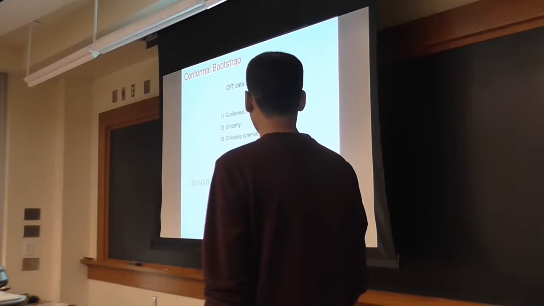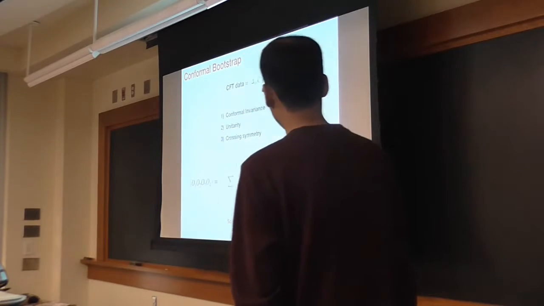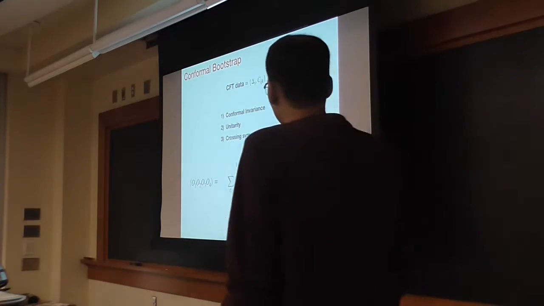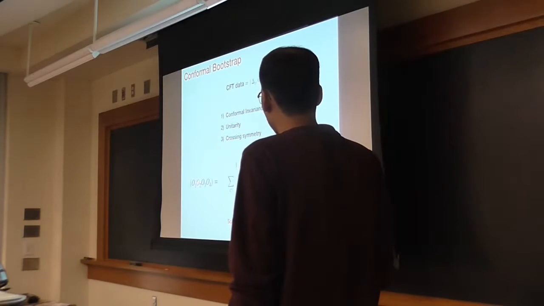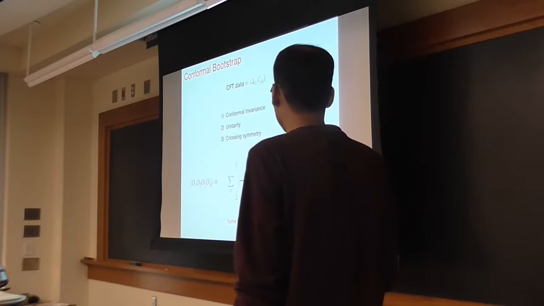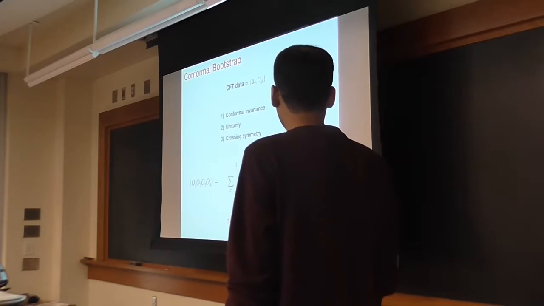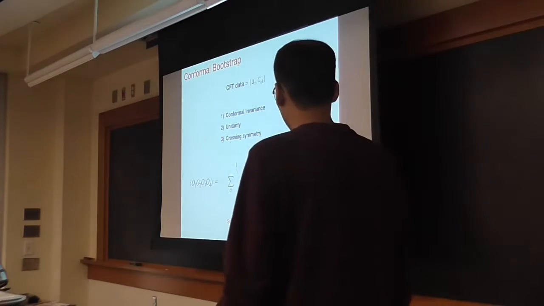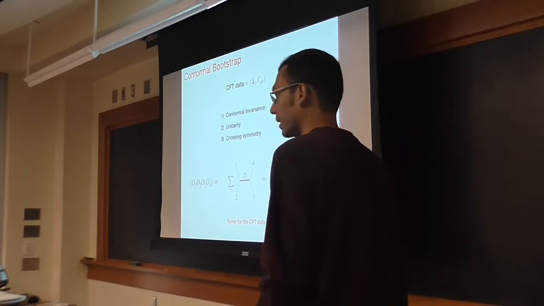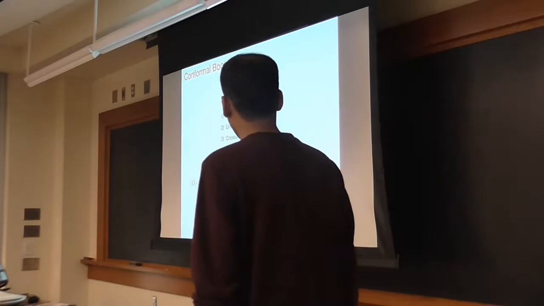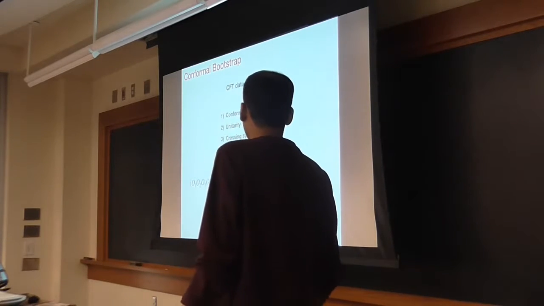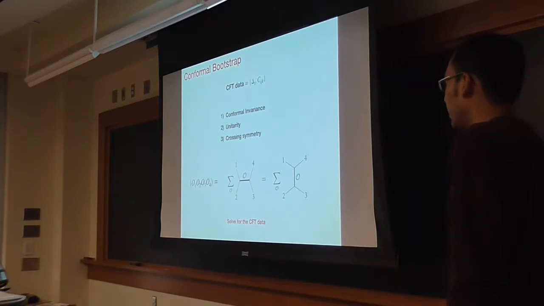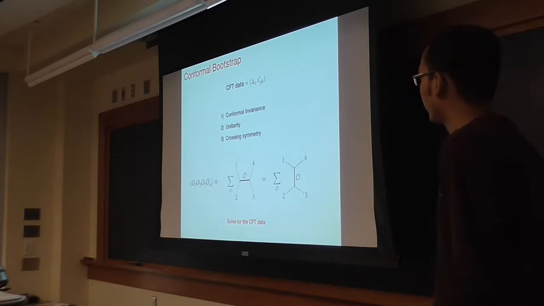Basically, I'm expanding over all the exchanged operators. Or I can choose to operator product expand O2 and O3 first, then O1 and O4. That will give me something like this. Now, because it's the same correlator, these two things should be the same. That's crossing symmetry. This might look like a very trivial expression, but it is actually very powerful when you combine it with conformal invariance and unitarity.